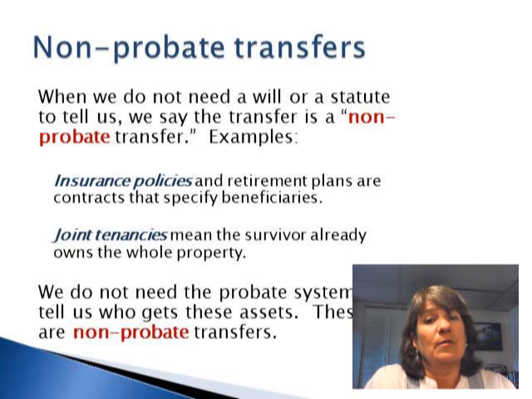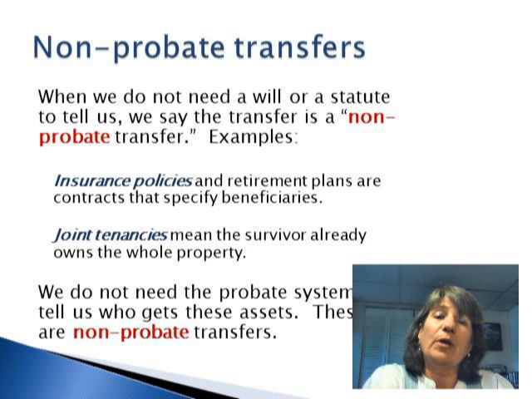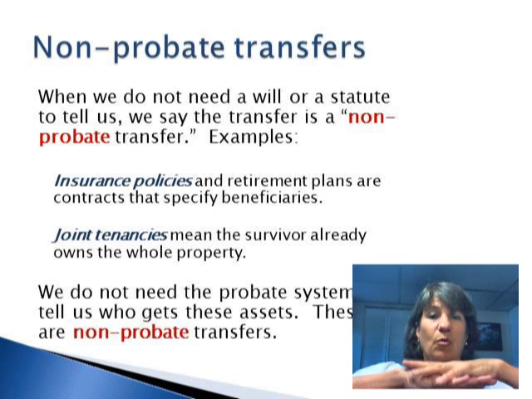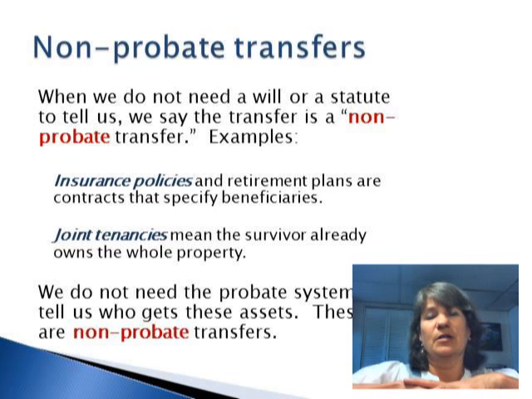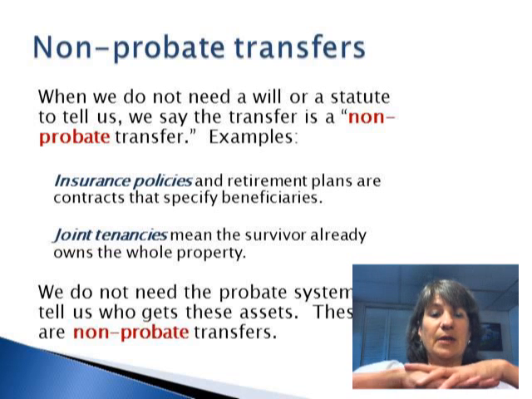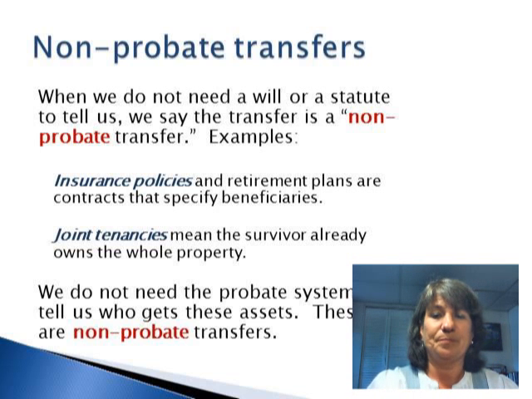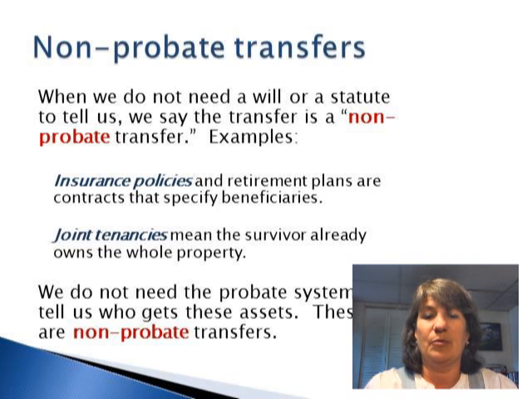Joint tenancies are forms of owning property where each person has an undivided interest in the whole. Remember this from property? It's like you own the whole thing, you just have to share until the first person dies, and then the other person still owns the whole thing, just doesn't have to share anymore. We don't need the probate system in that case. We don't need the probate system to tell us who gets those assets.